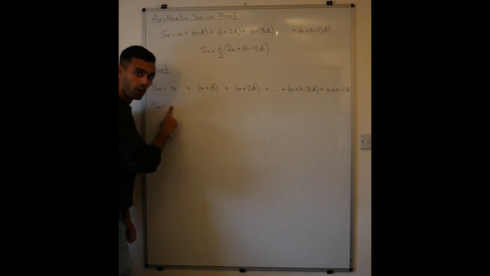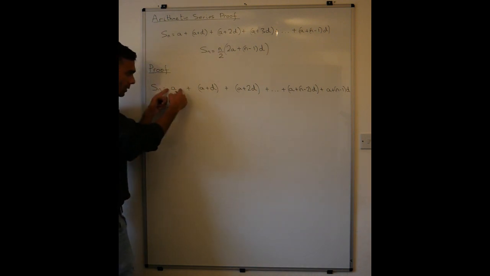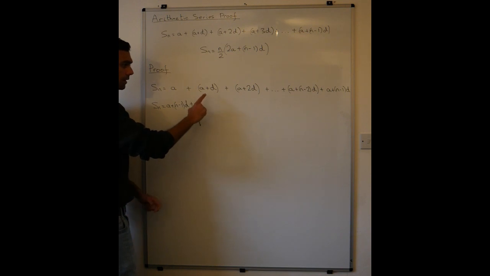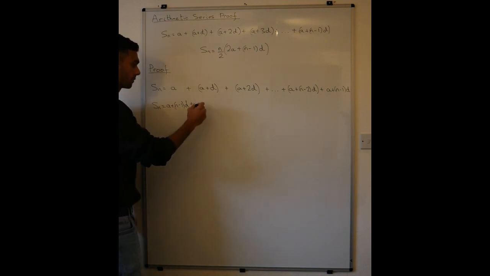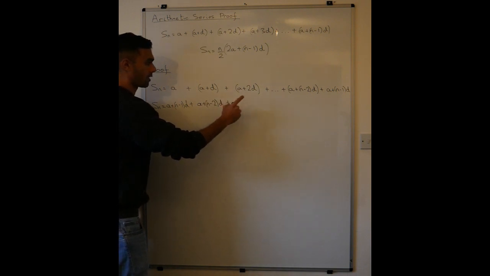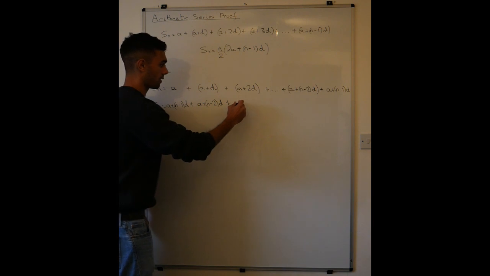So I'll start with my last term, and I'll try and squeeze it in underneath the A. There we go. Okay, second to last term here. Third to last term here.